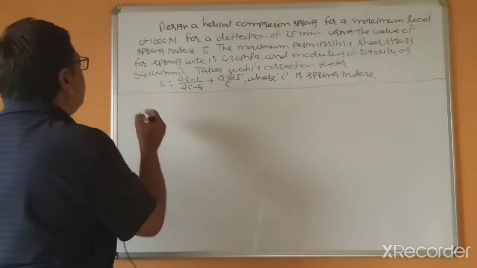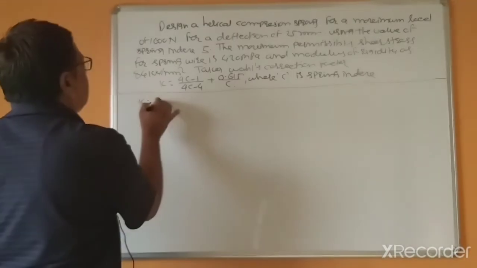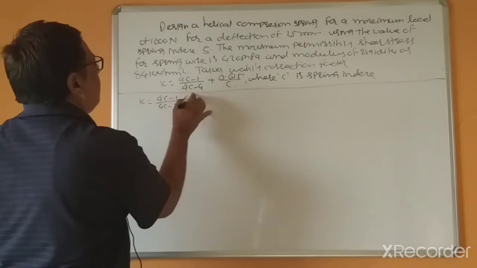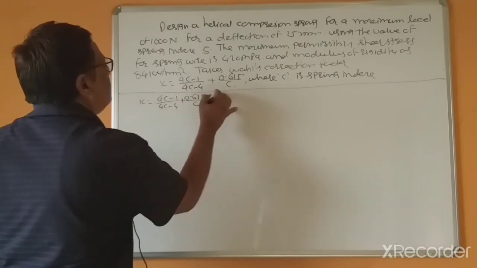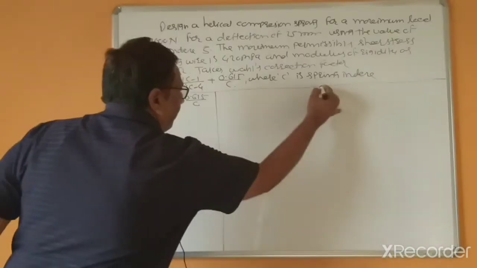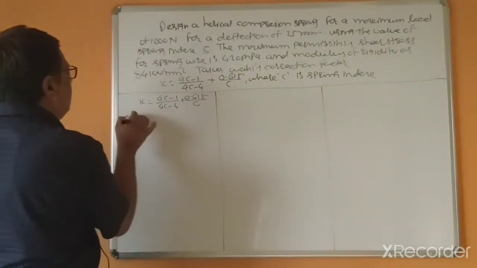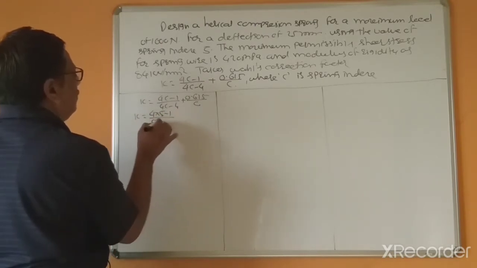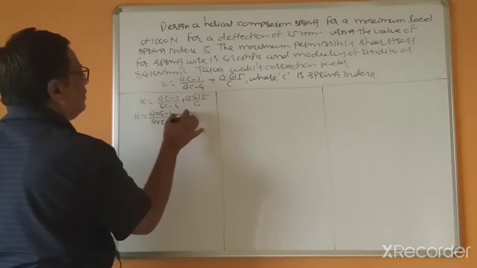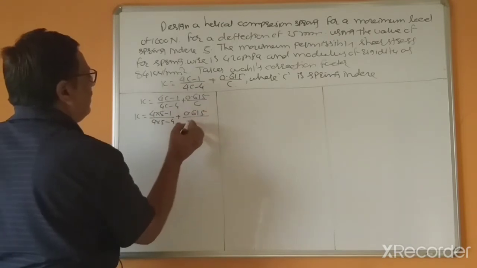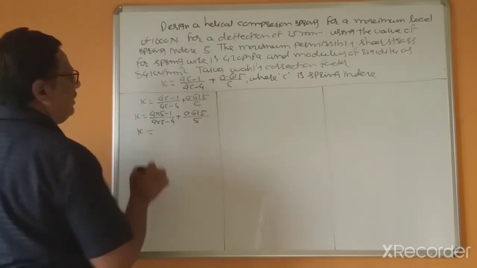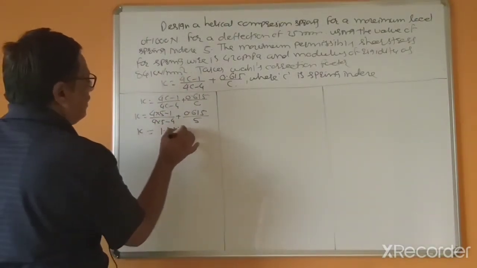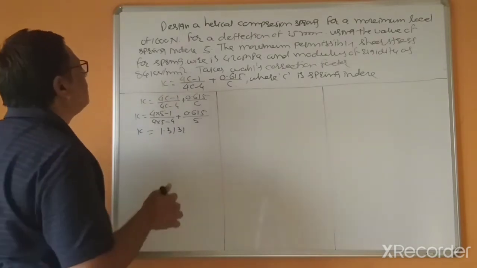First, we will calculate K equal to, as per the given, 4C minus 1 over 4C minus 4 plus 0.615 divided by C. K equal to 4 into 5 minus 1, 4 into 5 minus 4, plus 0.615 divided by 5. So when C equal to 5, K equal to 1.3131, because I am not wasting time.